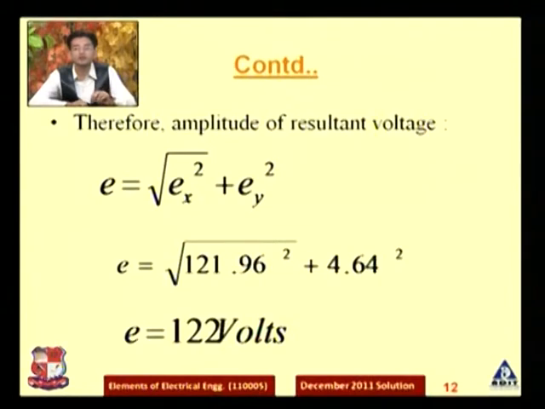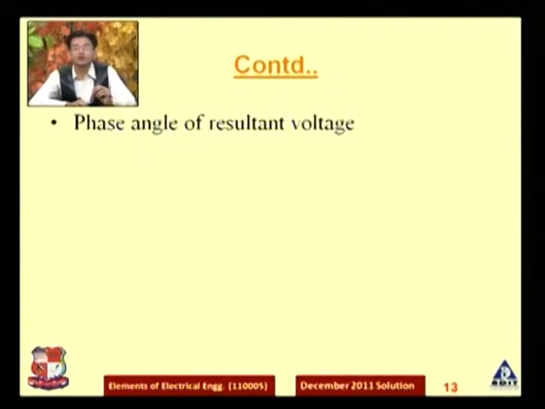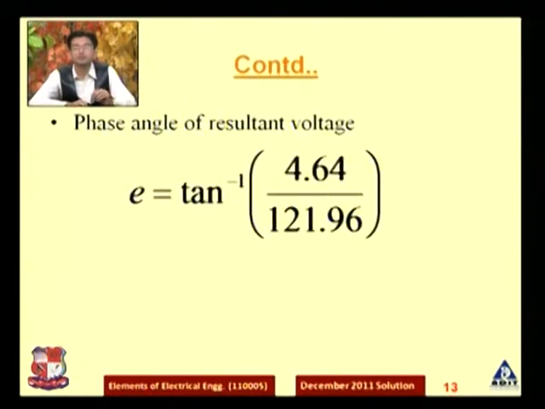So how do we find the phase angle of the resultant voltage? You have to apply the equation: phase angle equals tan inverse of the y component divided by the x component. What is your y component? It is 4.64, and what is your resultant x component? It is 121.96.